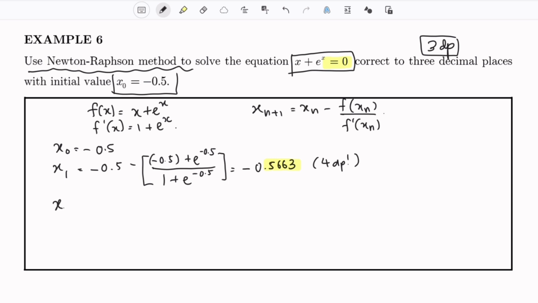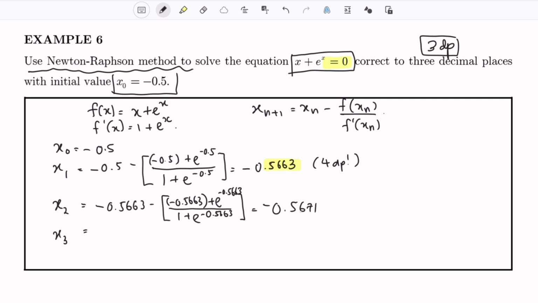Continue the iteration for x2, x3. So negative 0.5663 minus, whenever you minus something with 2 terms, make sure you use bracket, negative 0.5663 plus e^(negative 0.5663). You will get negative 0.5671, again to 4 decimal places.